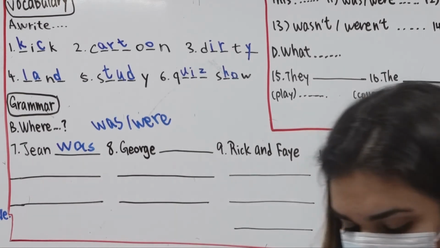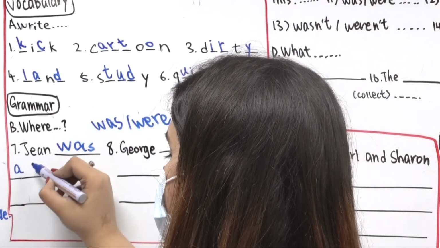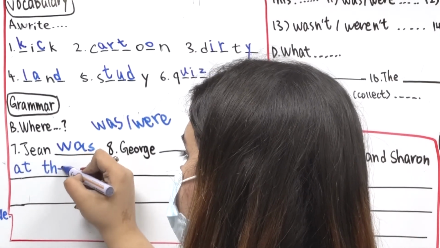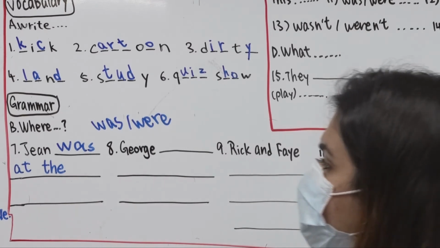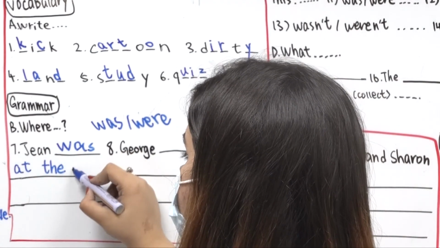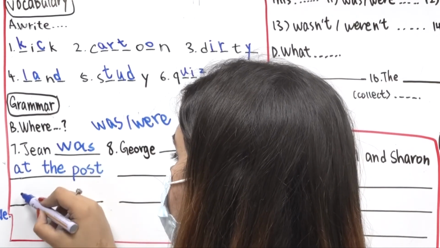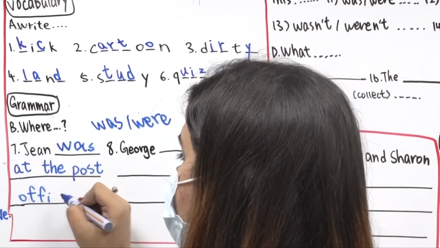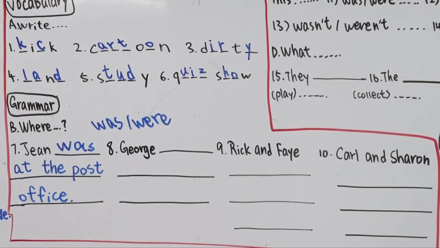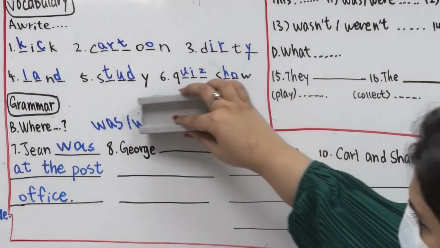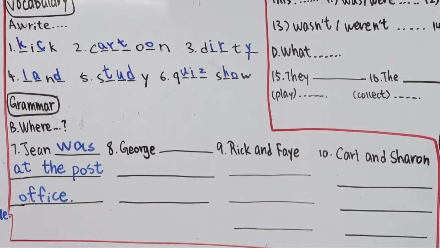Jean was at the, as I said, the biggest hint is the postman and the envelope. Jean was at the post office, right? The only place we can see envelopes and postmen. Simple as that. 8, 9, 10. Do it by yourself. I'm going to give you some time to do it, and then we're going to check the answers together.